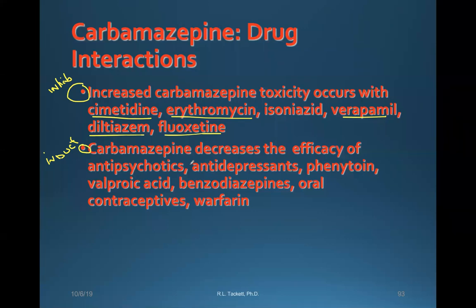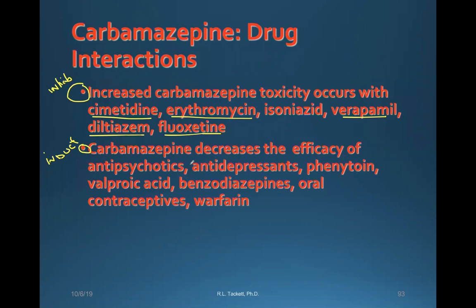But it's inducing these enzymes, which may also affect other drugs. So if the person is taking antipsychotics, antidepressants, valproic acid, benzos, oral contraceptives, or warfarin, those drugs, because of the enzyme induction induced by carbamazepine, are going to be metabolized faster.